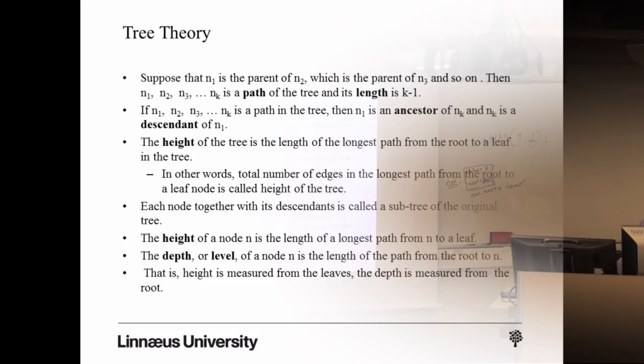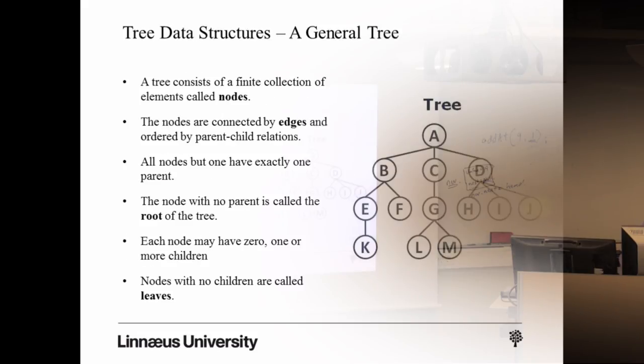The length of the path is the number of edges along that path. So if you have 4 nodes in a path, the length of that path will be the number of nodes minus 1.